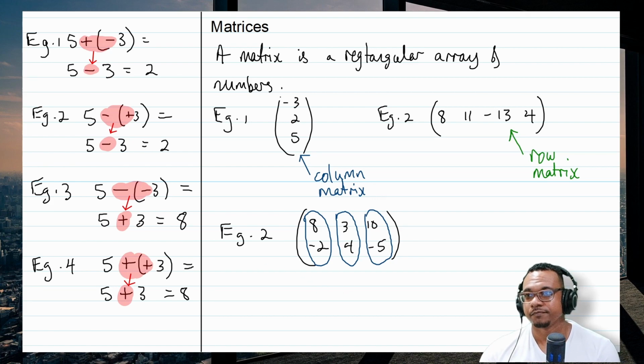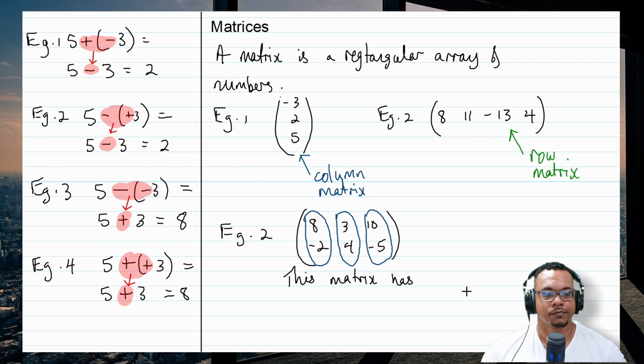So this matrix has, putting it in blue, 3 columns.